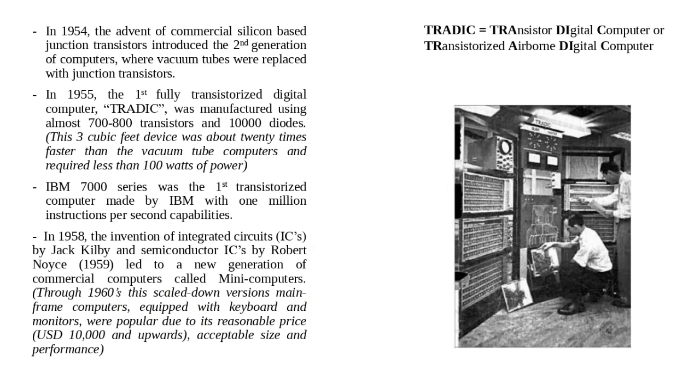Then in 1954, the silicon-based junction transistor. The advent of the transistor actually made a major change in the computer system. So the second generation computer system was introduced in 1954 due to the advent of the silicon-based transistor, where vacuum tubes were replaced with junction transistors.